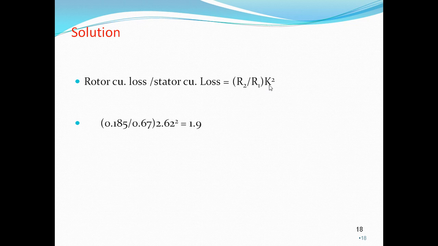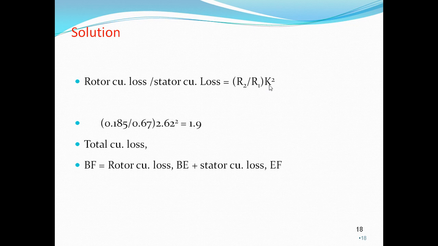But he has given both values, rotor resistance, stator resistance, and the transformation ratio. So if you substitute these values, R2 value 0.185 and R1 value 0.67, and K is 2.62 whole square, which is nothing but 1.9.